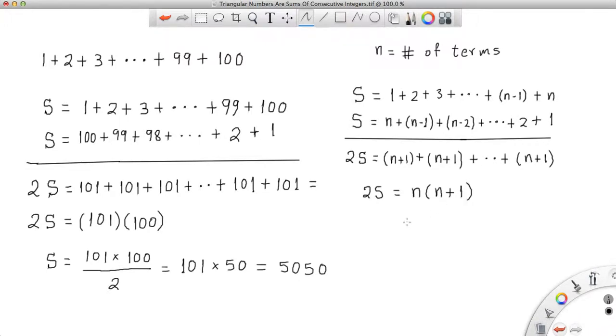And now we divide by 2 on both sides, and we get our sum equals that product, a number n times the next number. For example, if n was 5, the next number would be 6, and then we do 5 times 6, that is 30.